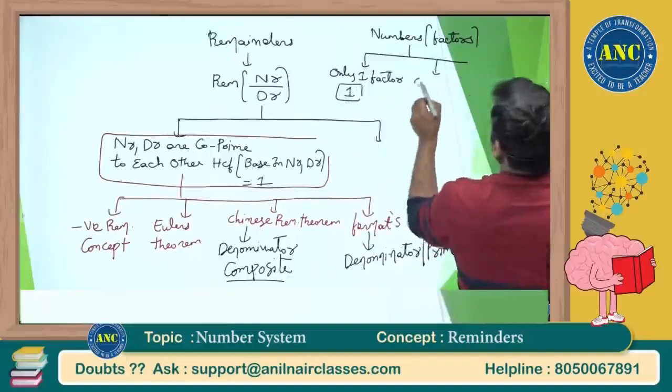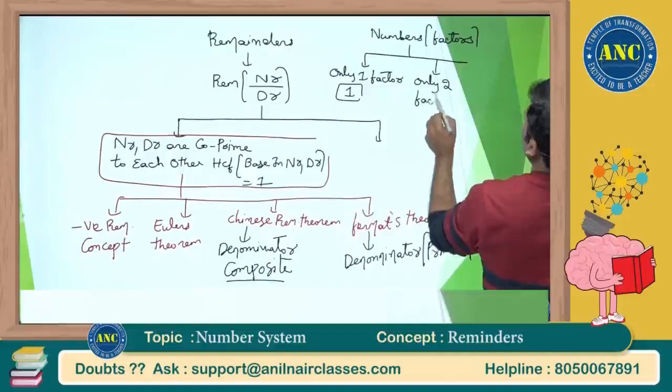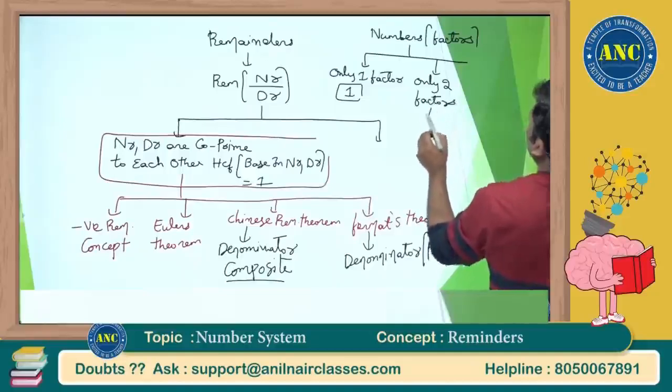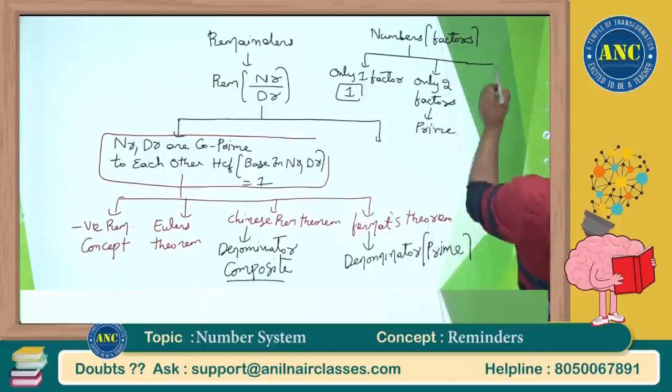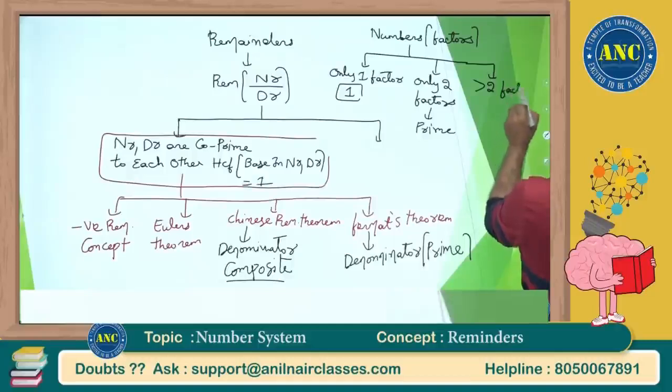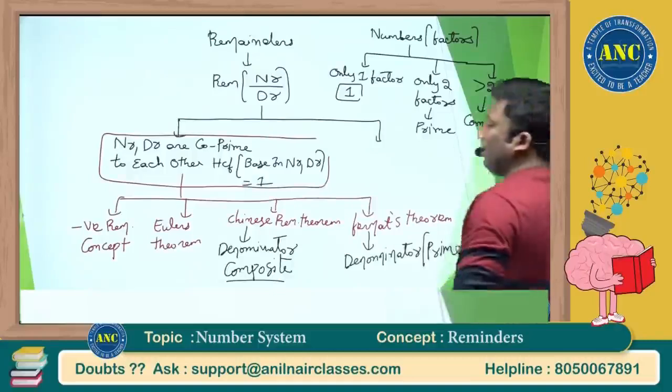If there are only two factors, then the number is called a prime number. If there are greater than two factors, then the number is called a composite number.